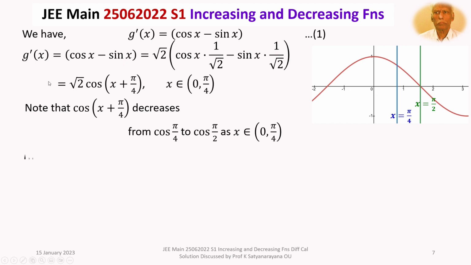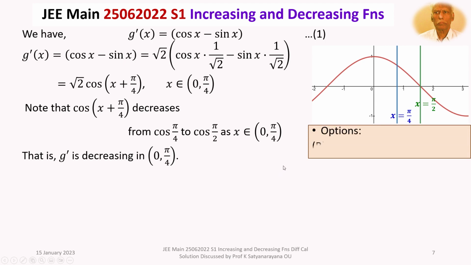Therefore, g prime is decreasing in the open interval 0 to pi by 4. What is given in one of the options? Option B says g prime is increasing in 0 to pi by 4, but we got that it is decreasing.